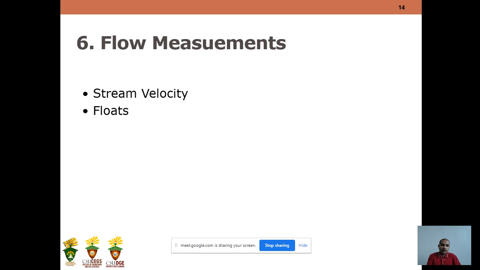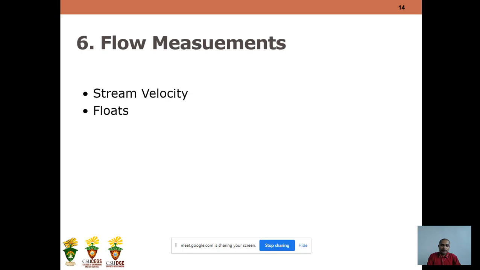Then we are also going to discuss the conventional way, if we don't have an available velocity meter or current meter, so we can use the conventional one. First we will discuss floats, the conventional one.